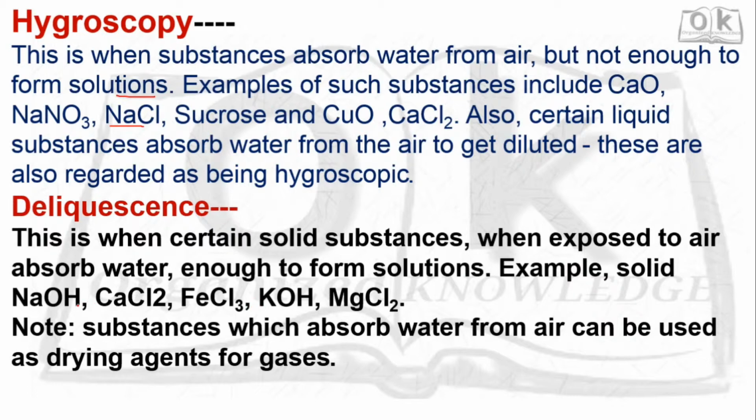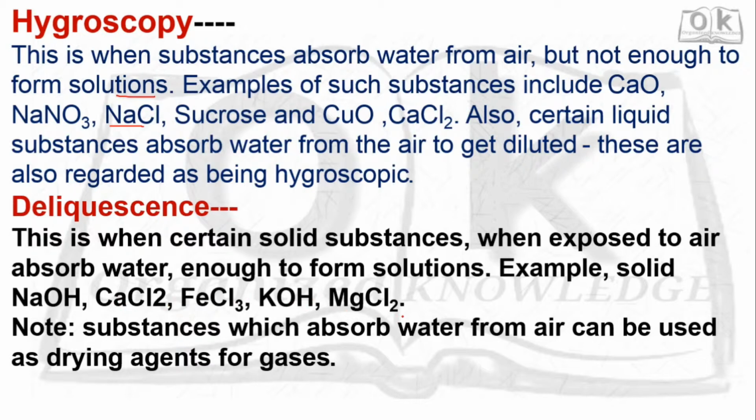Sodium hydroxide is highly hygroscopic in nature, and after absorbing water moisture from the atmosphere, it forms solutions, and the salts which form solutions are deliquescent in nature, and that property is known as deliquescence. Like calcium chloride, ferric chloride, potassium hydroxide, magnesium chloride.